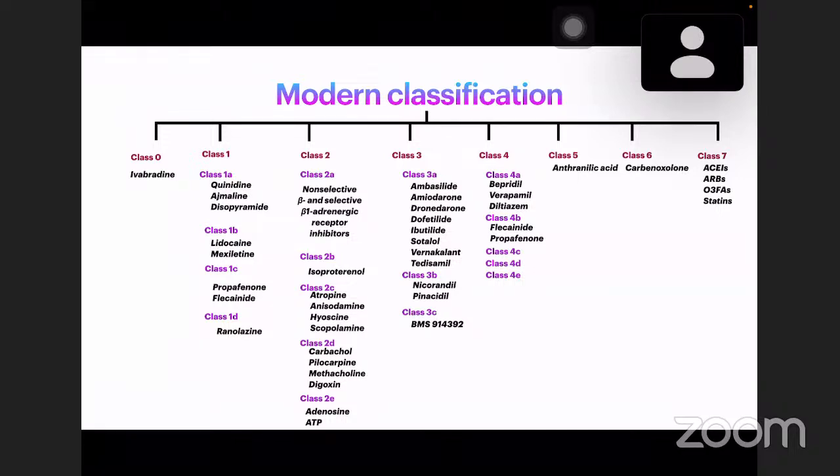Madam, as per the latest guidelines, whether you are withholding telmisartan on the day of surgery or not? As of now, we are continuing, sir. We are continuing ACE inhibitors and ARBs also.